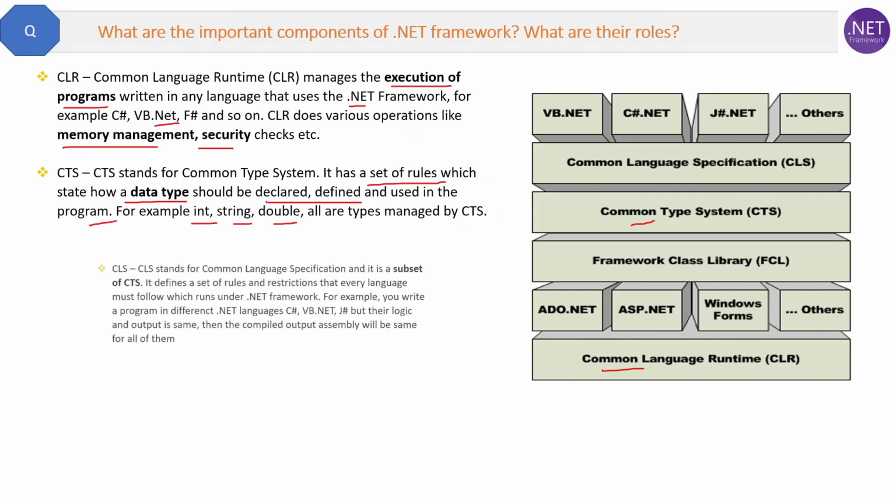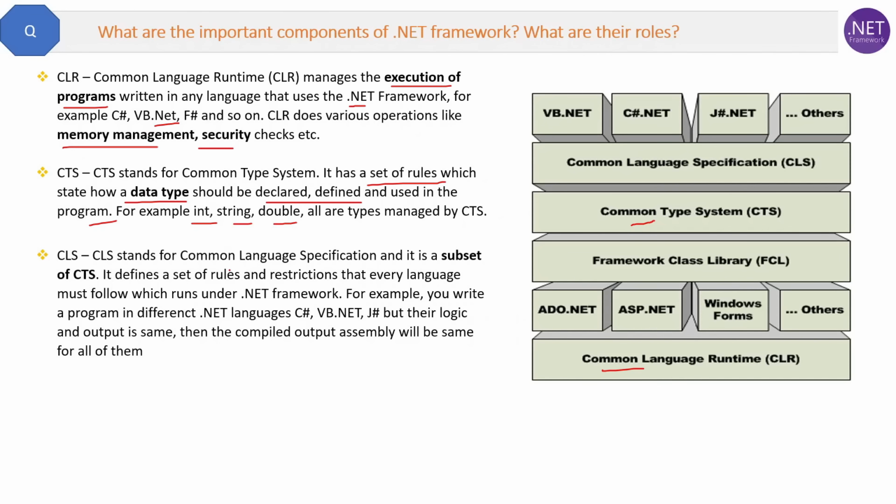Next component is CLS. CLS stands for Common Language Specification. It is a subset of CTS only. So when I say CTS, that means Common Type System, and Common Language Specification is a subset of CTS.